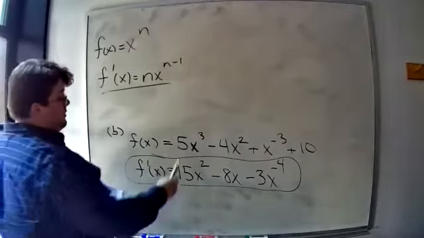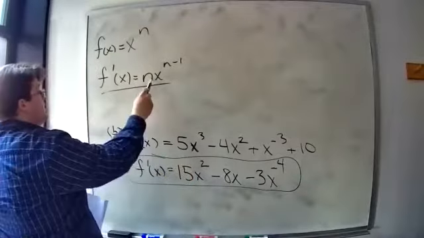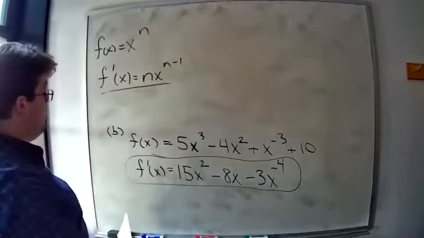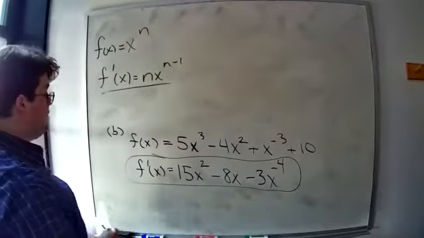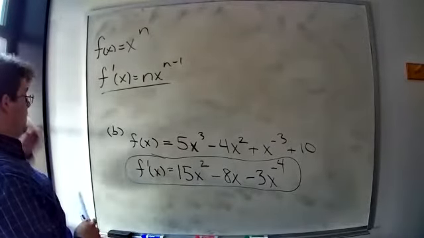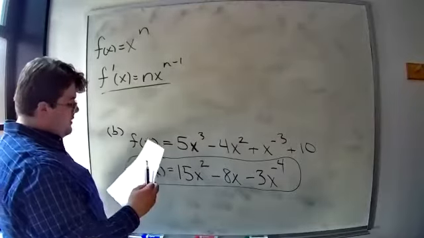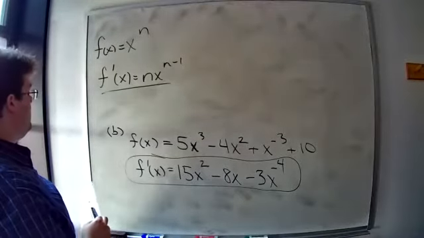But here, going from x cubed, if n equals 3, you get 3x to the 3 minus 1, so 3x squared. And then 5 times 3 gives us the 15. Any other questions about part B?